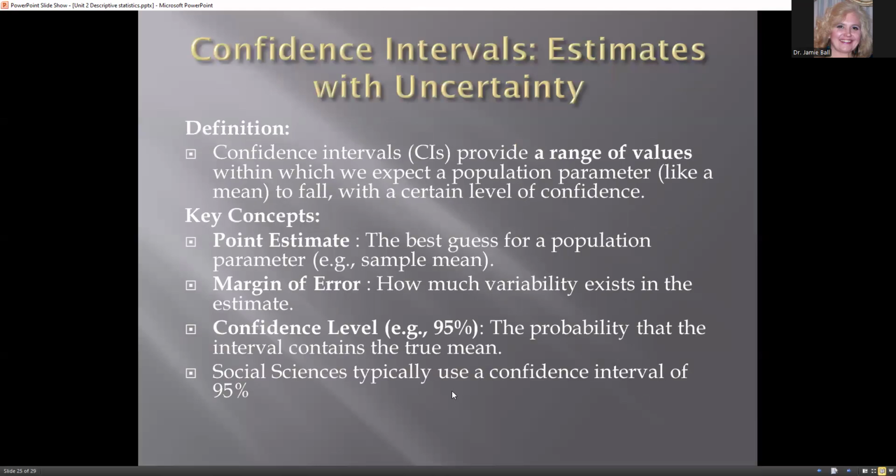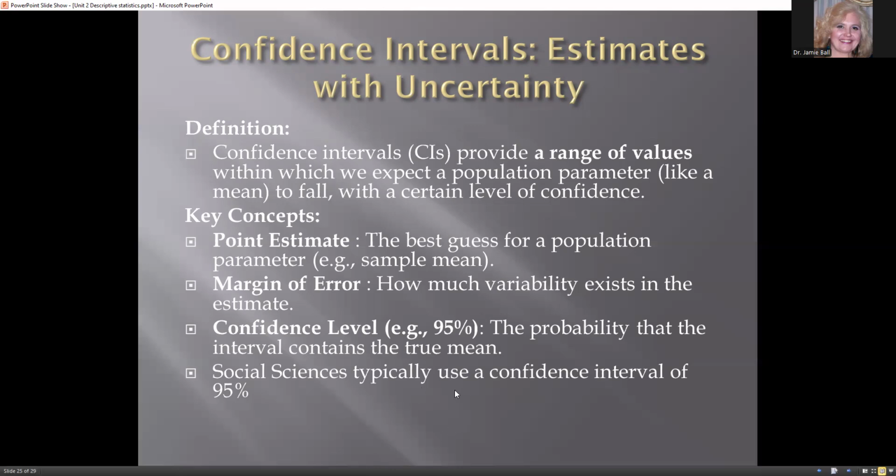Now, what is a confidence interval? A confidence interval provides a range of values where we expect a population parameter, like the mean, to fall with a certain level of confidence. So I set my confidence level all the time for social sciences at 95%. You can pick it. A lot of times modern medicine uses 99%, but social sciences uses 95.